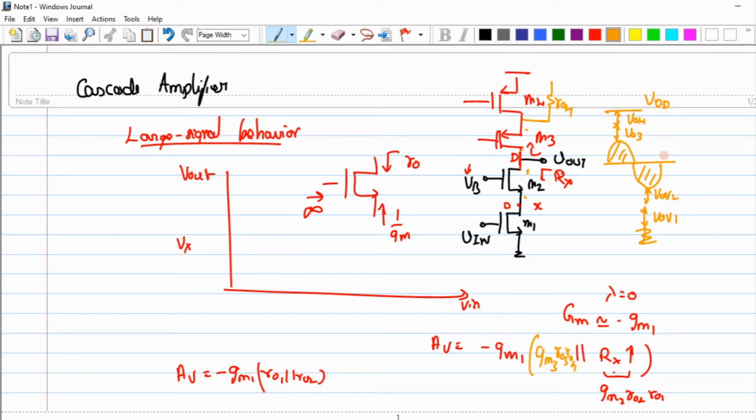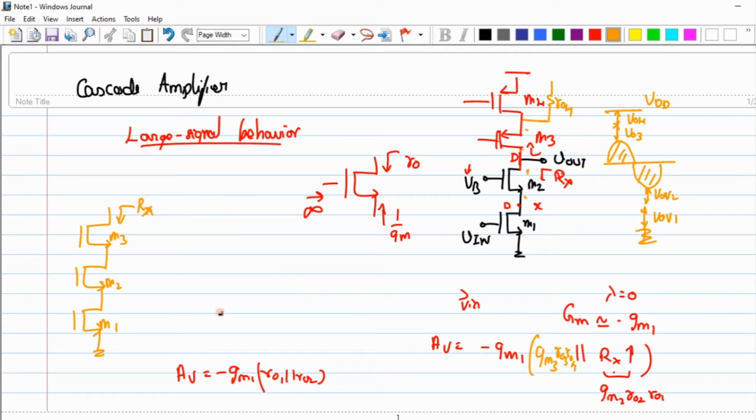So you know how to compute that. If I have 3 transistors stacked one upon each other like this, you should be in a position to know what that impedance is. How would we compute that? Say I have bottom transistor M1, M2 and M3. What is the value of Rx that I would get out of this circuit? How to compute that?